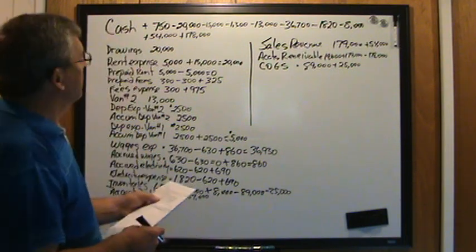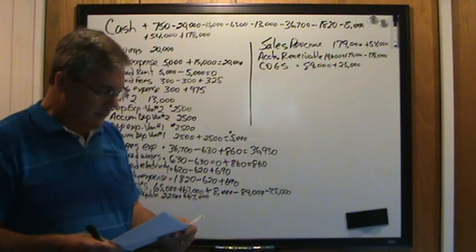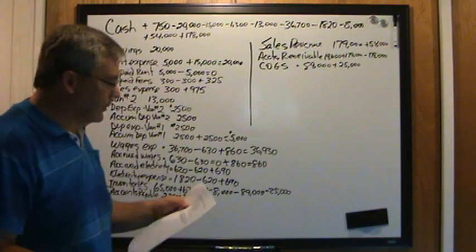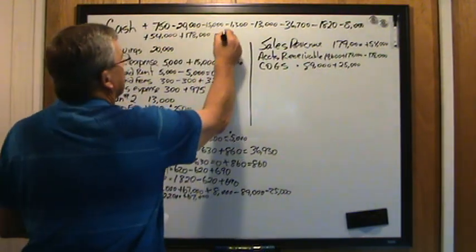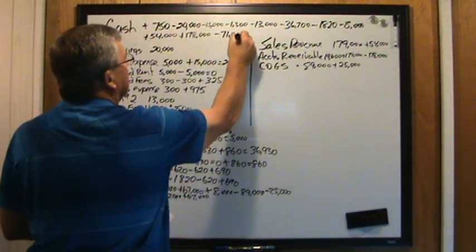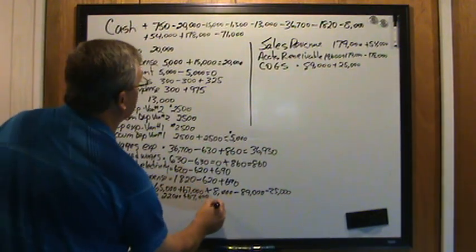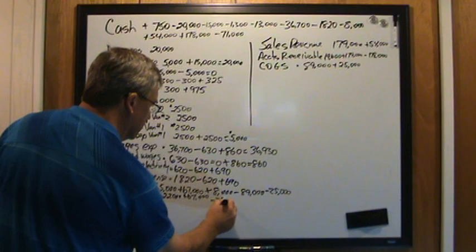Receipts, okay, 78, so we've dealt with that. Number 12, payments to trade payables totaled 71,000. So that's a use of cash, 71,000, and accounts payable or trade payables went down 71,000.